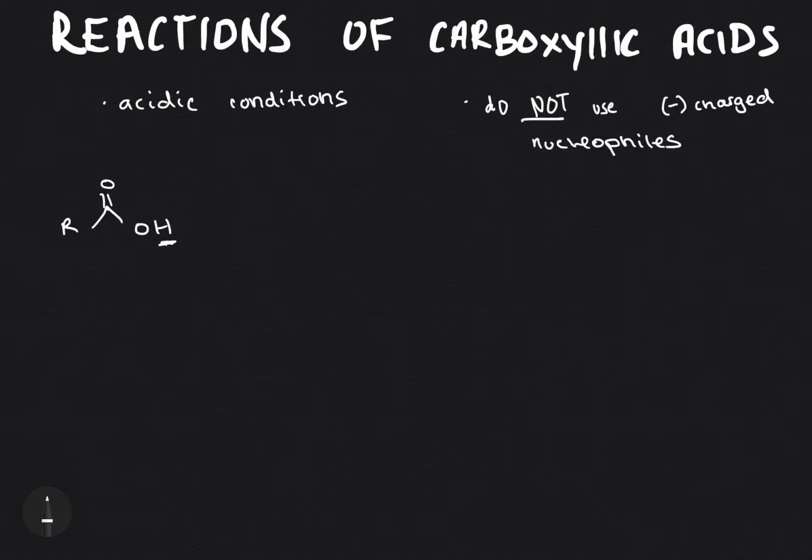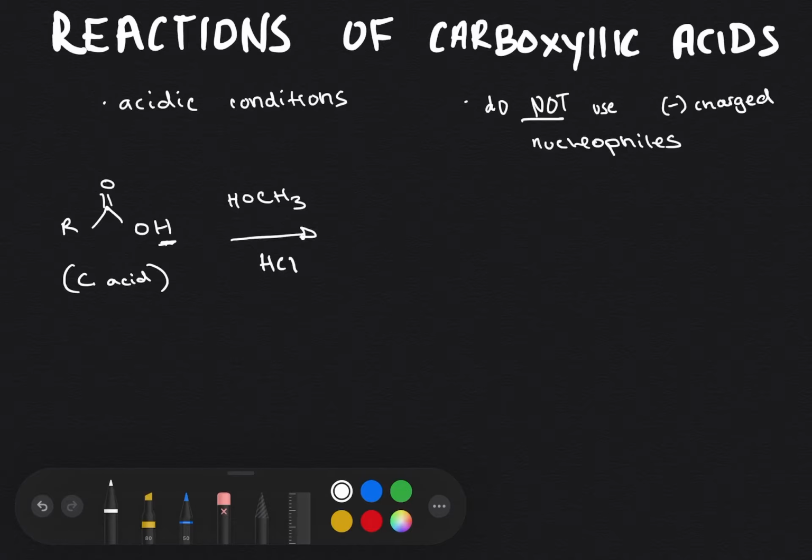Okay, so you have a carboxylic acid here. Go ahead and just write that out. And let's just react it with an alcohol as normal. Remember, we need acidic conditions, so we can add acid, HCl. And it's really the same premise as esters or acyl halides.